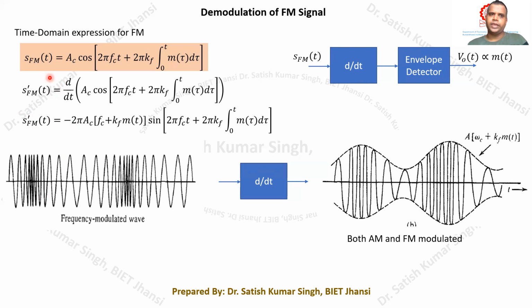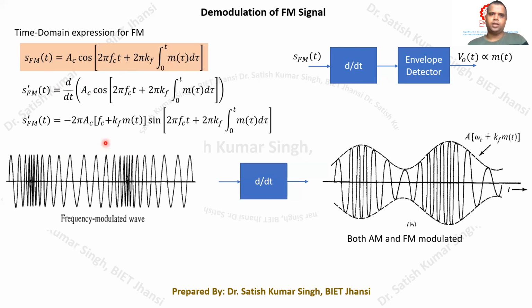If you do the differentiation, the cos will give you sine, so there is one negative sign. Differentiating the argument, we get 2π f_c plus 2π k_f multiplied with m(t), because the integration and differentiation cancel out.